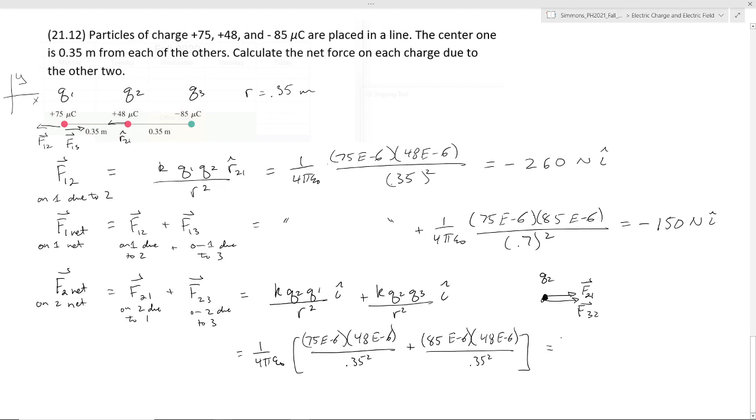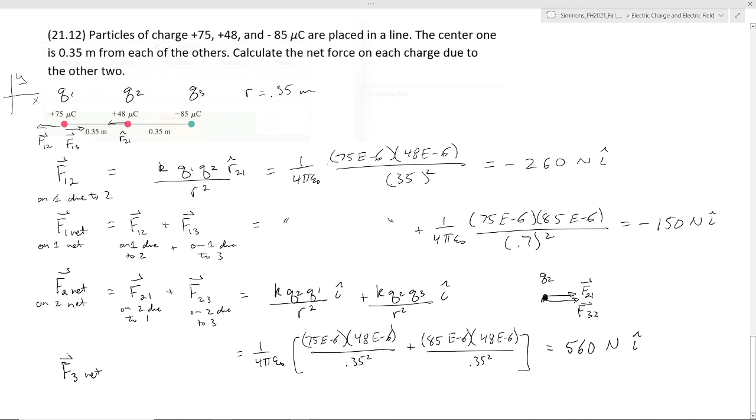When we plug in our numbers and compute these, we get 560 newtons in the i hat direction. We could do the same sort of procedure for the force on 3 net, but I think we've gotten what we can from this question.